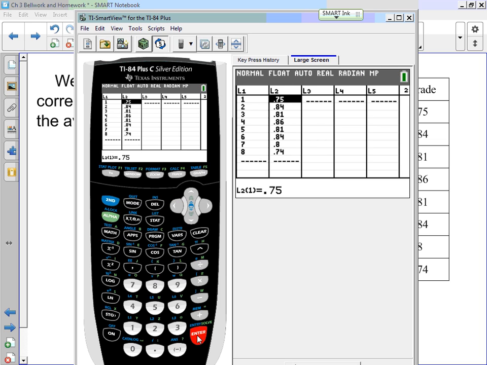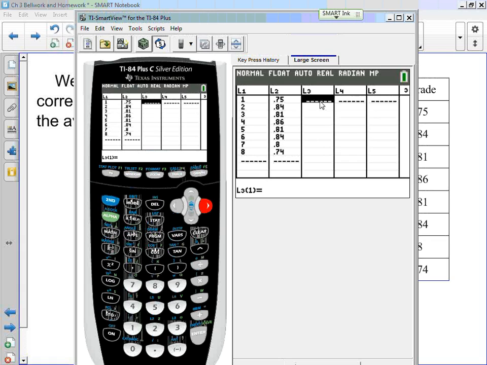Now, I want this over here to calculate what I should have got. Remember, these values, L2, those are my actual values in my class. That's my actual percentages, right? Now, I'm going to have L3 be my equation for what my prediction would have given me. If I tried to predict it, what should I have gotten? So I'm going to go up to L3, and you'll notice down here it says L3 equals. Well, let's start typing some things in.